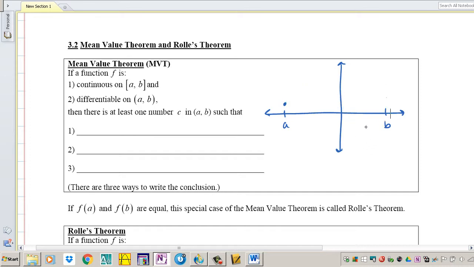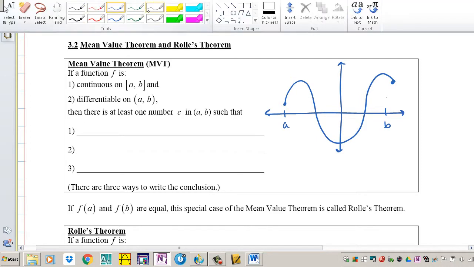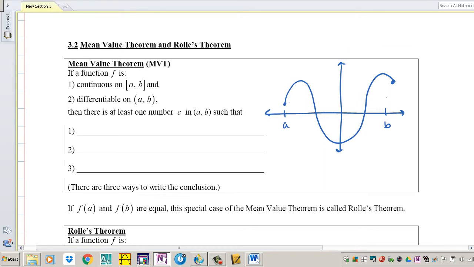Let me draw that a little bit better. That's perfect. Okay, so let me go ahead and connect these two endpoints. And when I connect the endpoints, I form what is called a secant line.